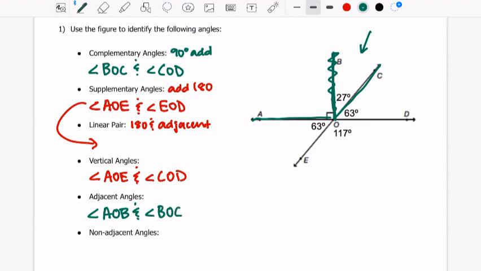All right, and then last up we have non-adjacent angles. And those are two angles that don't share a side. So we just need to identify two angles that don't have any side in between them. So if we're looking at AOB again, maybe I'll choose COD because they have this gap in between.